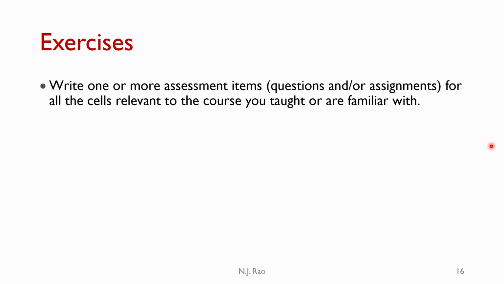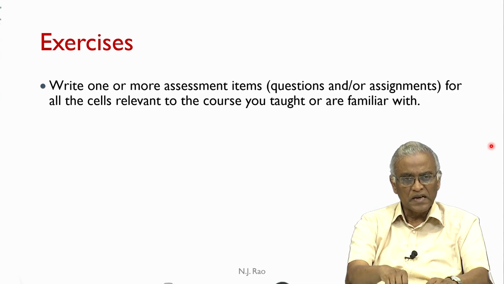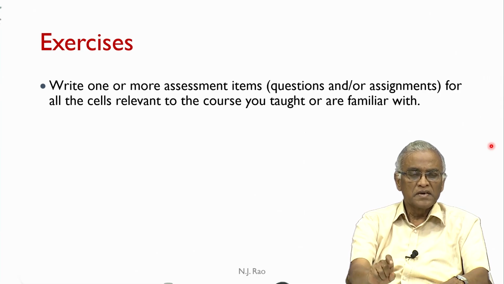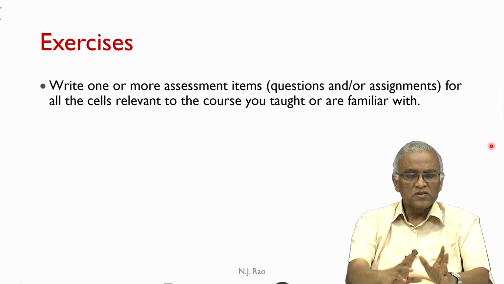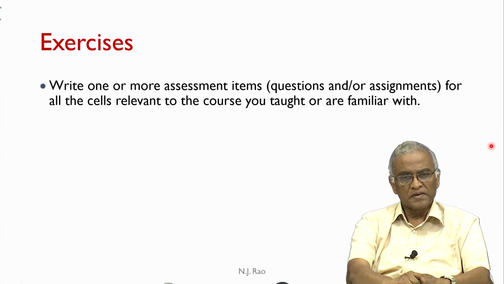Write one or more assessment items. This is more for practice. I write an assessment item, that means a question or an assignment, and based on the statement that you make, you should be able to identify the cell address of that. So, in each one of the relevant cells, is it possible for you to write at least one or more questions?